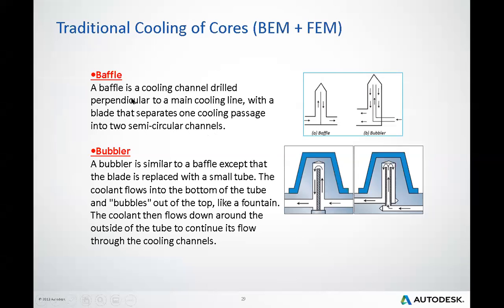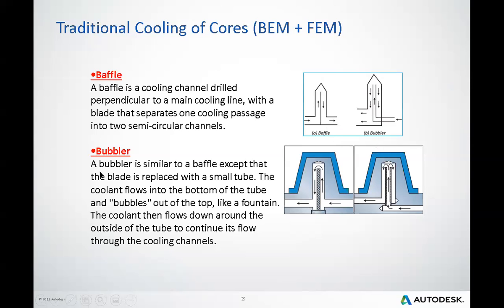The explanation about baffles and bubblers is like this. You can see from the left picture is a baffle and the right picture is a bubbler. A baffle is a cooling channel drilled perpendicular to a main cooling line with a blade that separates one cooling passage into two semicircular channels. You can see that the water flows like this.